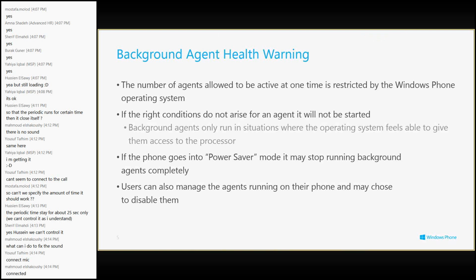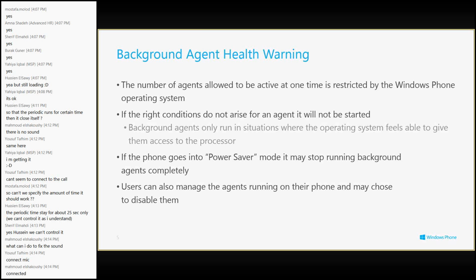There are a number of ways the background agents can be disabled. For example, if the phone battery is low and the phone is in power saver mode, the background agent may stop completely until the power level of the phone has improved.